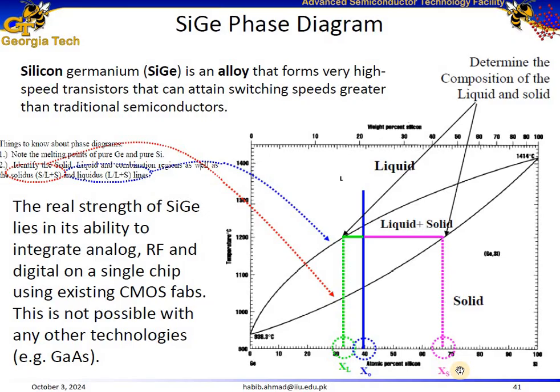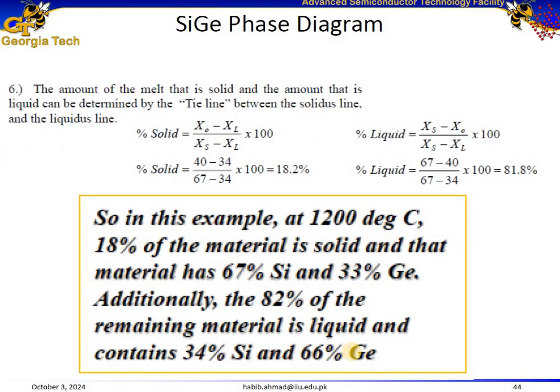The extension of the purple line to the horizontal axis shows the percentage of silicon in the solid phase, represented with XS, and the extension of the green line to the horizontal axis determines the percentage of silicon in the liquid phase. So we know that X naught is equal to 40, XS is equal to 67%, and XL is equal to 34%. Now, once again, how much of the material is solid and how much is liquid?